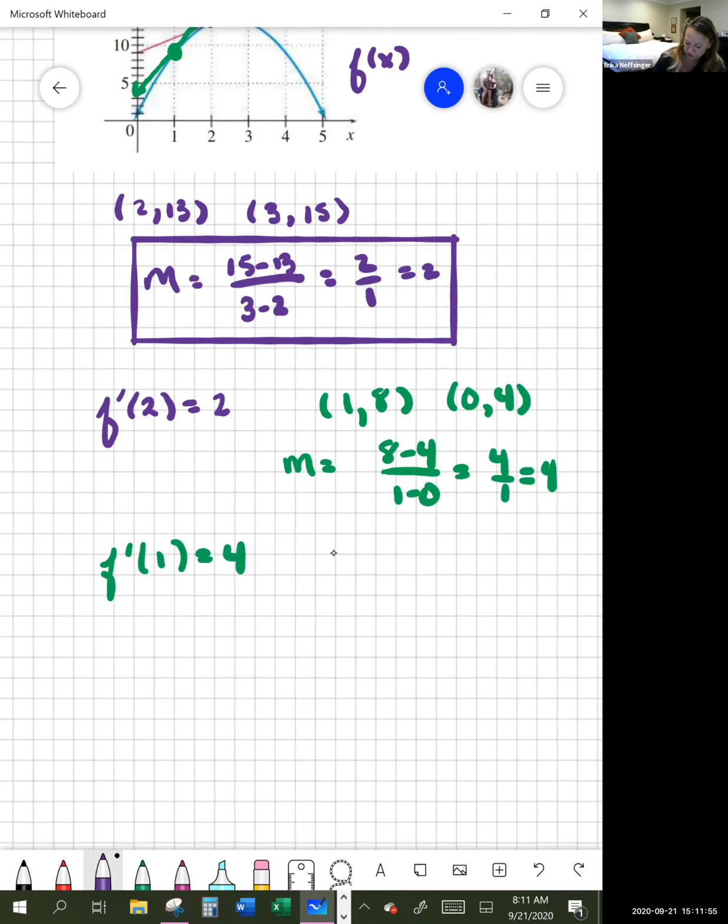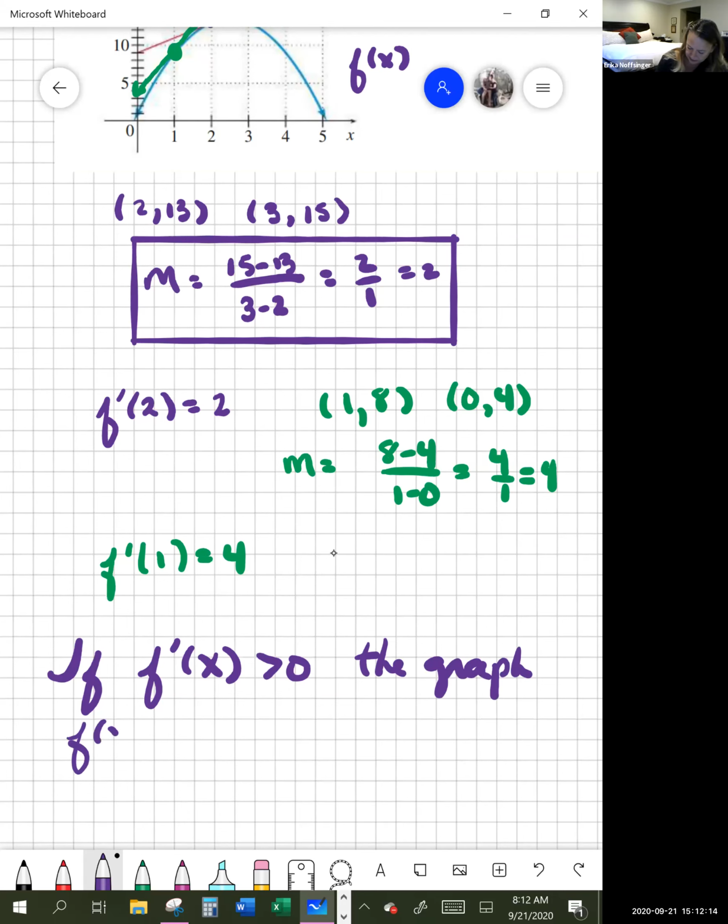And so let's look at this. So if f prime of x is greater than 0, we know the graph of f of x is increasing.